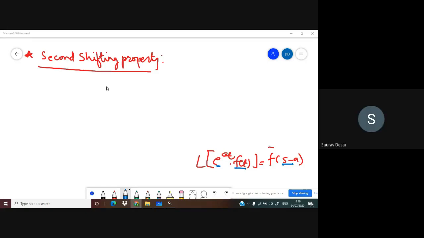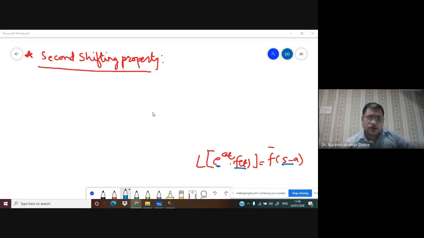Yes, sir. Now, as I said, the only property of Laplace transform left is the second shifting property. We have studied the first shifting property, so how is this second shifting property different? In the first shifting property, we have Laplace of e raised to at into f of t equal to f bar of s minus a.